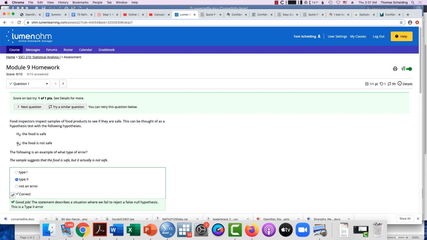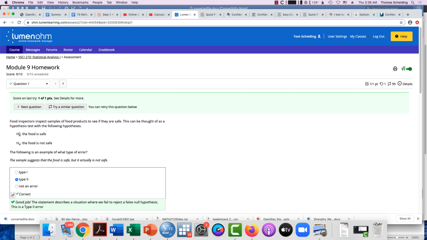In these kinds of tests, we're never proving something is true. All we really are doing is we're either rejecting the null hypothesis or not rejecting the null hypothesis, but we're never proving anything. So really what we have to think about here is, can we reject the null hypothesis, or can we not reject the null hypothesis?